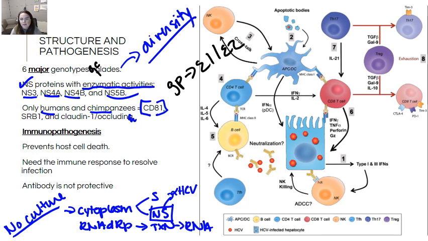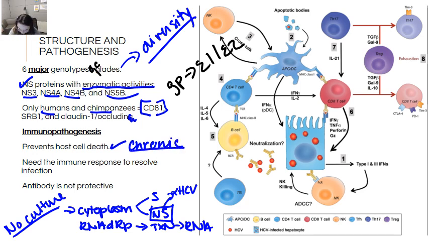One of the things that I find really interesting about all of the hepatitis viruses is how important the immune response to the virus is in the disease that we see in patients, okay? So HCV can remain cell associated and just prevent host death. It can just hang out in the cell, and that's one of the ways that it can actually go chronic, is that once it's in there, it can just hang out for the lifetime of that cell.